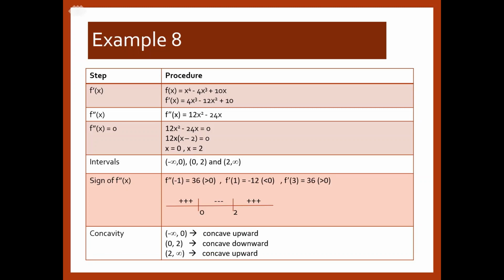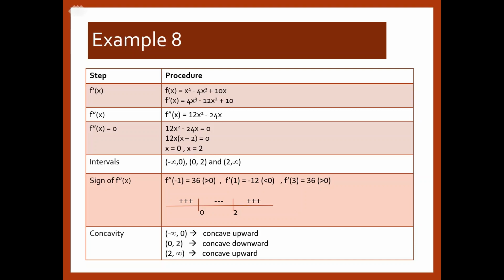By taking these two x values as the cutting points, you should obtain three intervals, which are negative infinity to 0, 0 to 2, and 2 to infinity. Next, check the sign of f double prime x. Substitute any value within the interval into f double prime x.